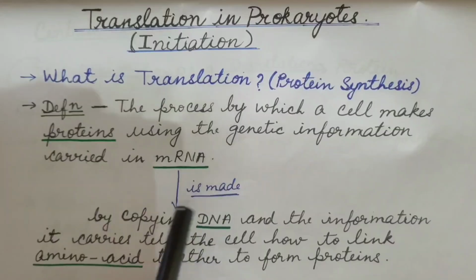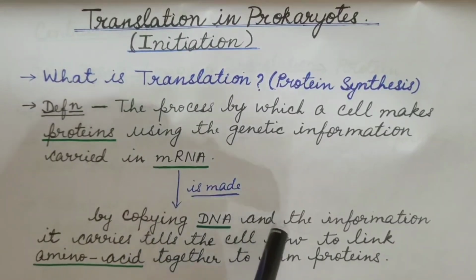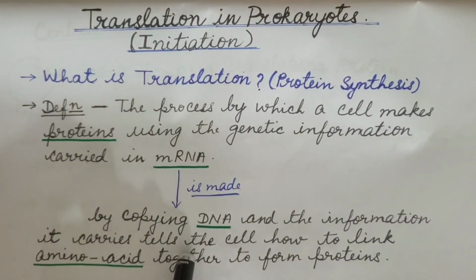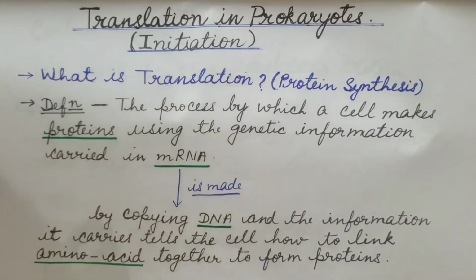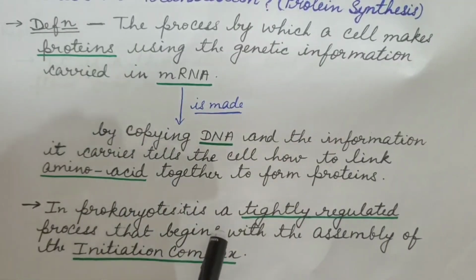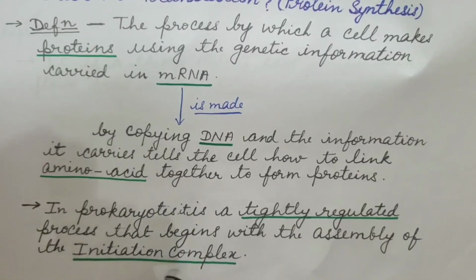This messenger RNA is made by copying DNA, and the information it carries tells the cell how to link amino acids together to form proteins. In prokaryotes, it is a tightly regulated process that begins with the assembly of the initiation complex. This initiation complex we will discuss later.